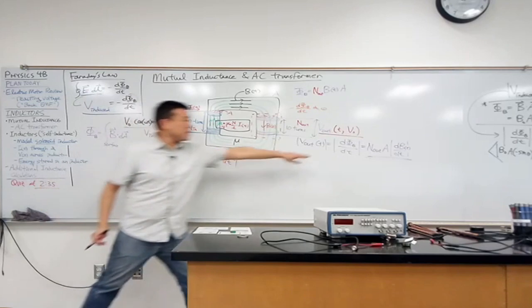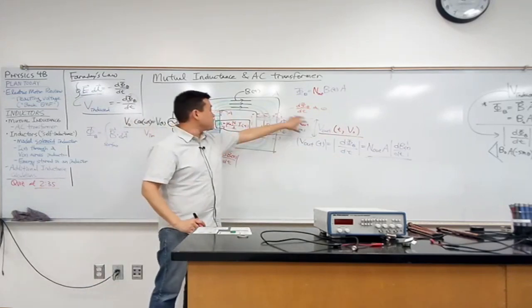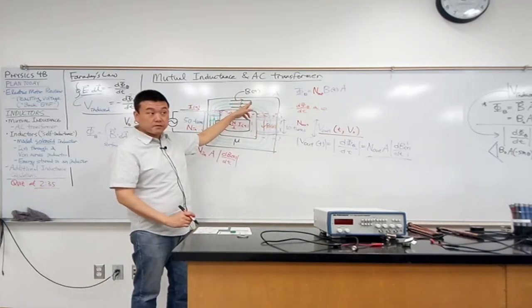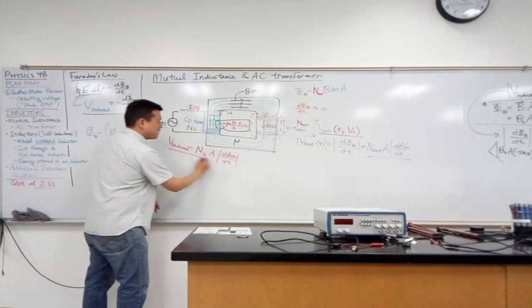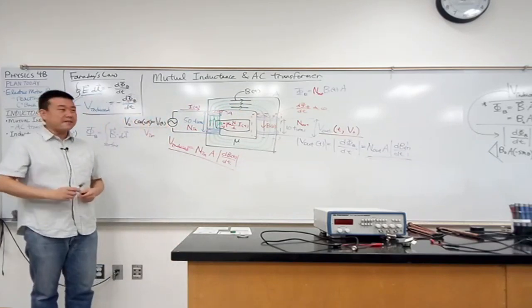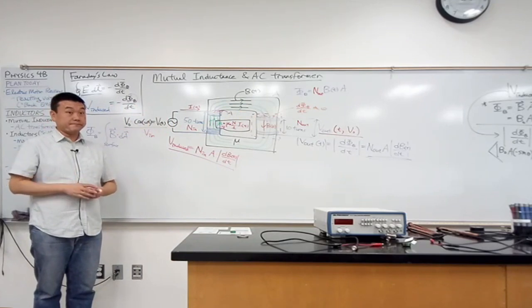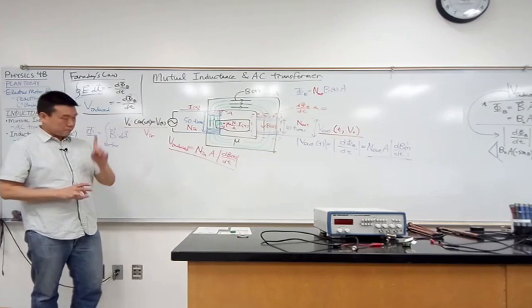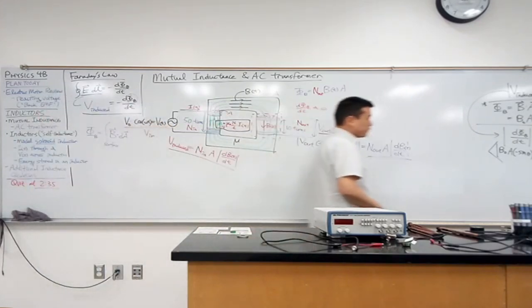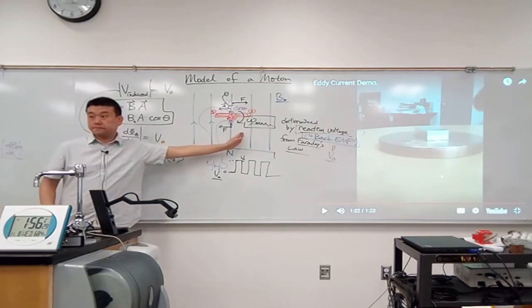And what we did here made sense. We are trying to get a voltage out from the magnetic field. But why are we doing the same thing here? I thought we are putting voltage in, not taking voltage out. It goes back to the same question that we handled for the motor.